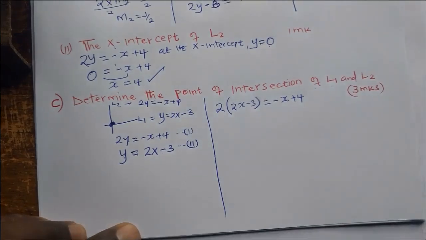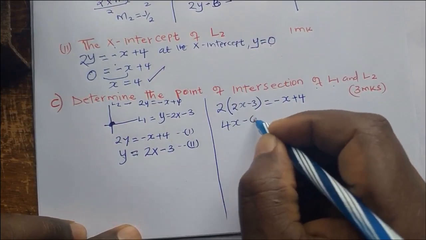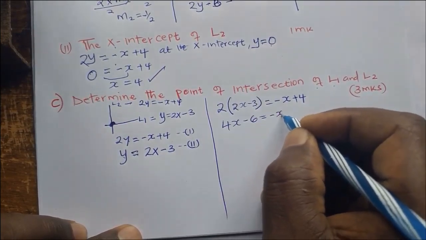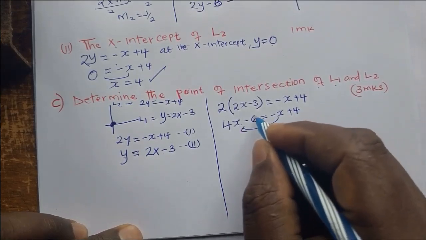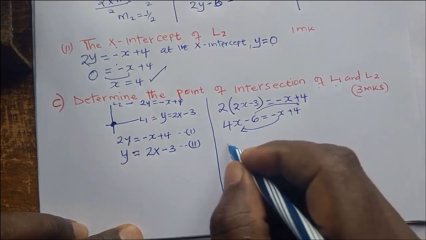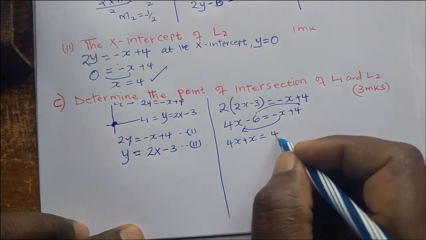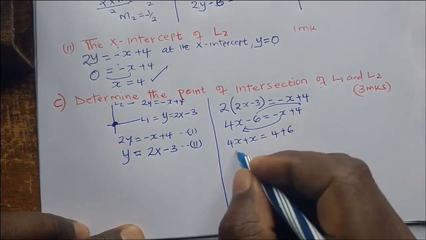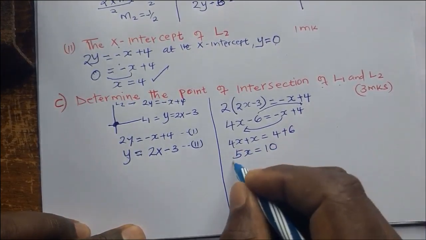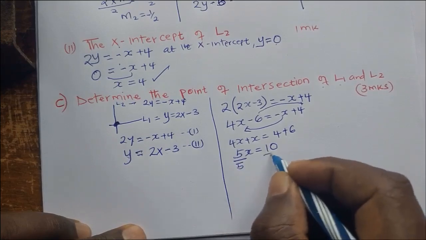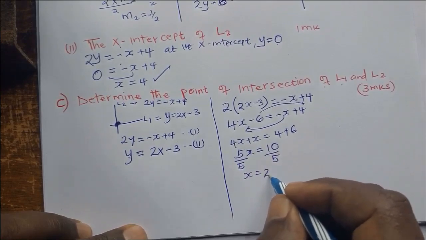Yes. Next, open the bracket. 4x minus 6 is equal to minus x plus 4. Like terms together, and take this to the other side. So this one is going to be 4x plus x is equal to 4 plus 6, meaning that 5x is equal to 10. So you divide by 5 both sides, you find that x is equal to 2.